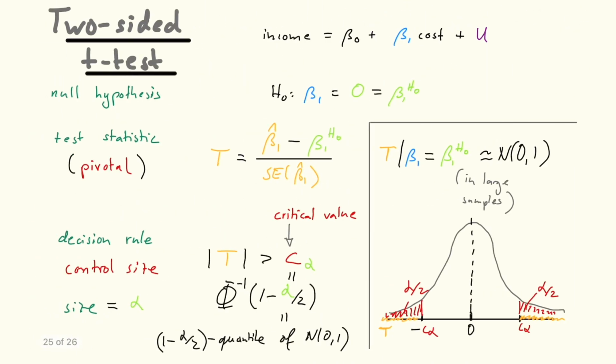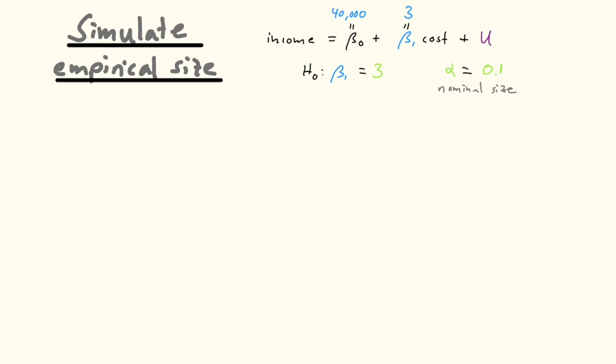What were these? Well, we assumed that this normal approximation is exact, which it is not. And this could be a problem in particular if the sample size is really small. To investigate to what degree it is a problem, we will simulate different sample sizes.